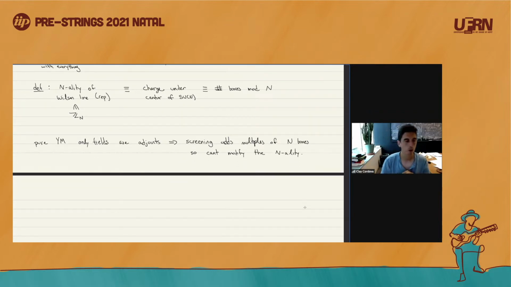So what we have learned from this is an extremely important conclusion. The important conclusion is that SU(N) Yang-Mills has a Z_N one-form global symmetry. Notice it's discrete. There's no current.